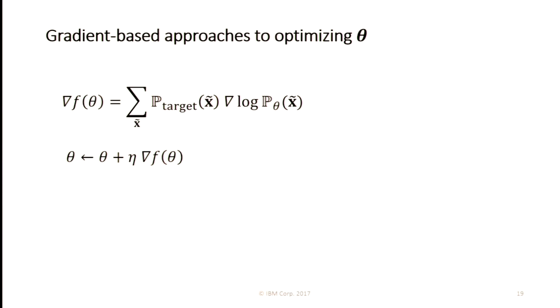What we need is the gradient of the log probability of some patterns. Once we get this gradient, we can iteratively update the parameter theta with this expression, where eta is a learning rate. So let's look at the specific form of the gradient of this log probability.